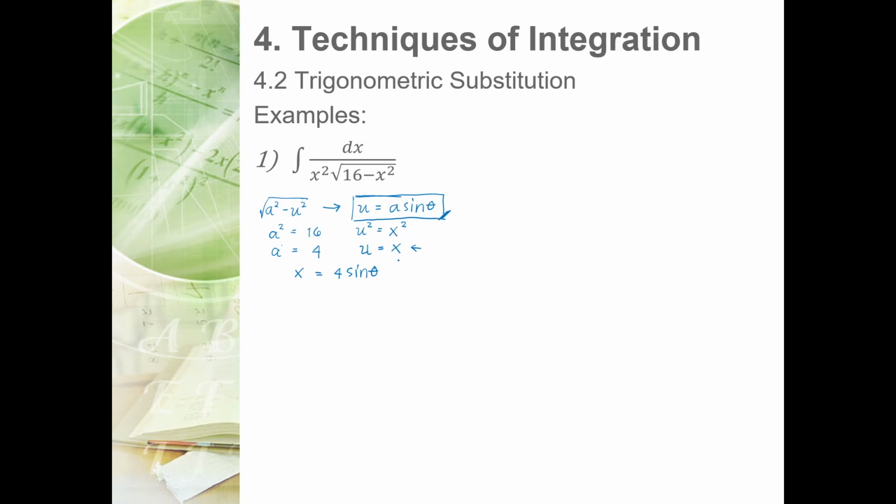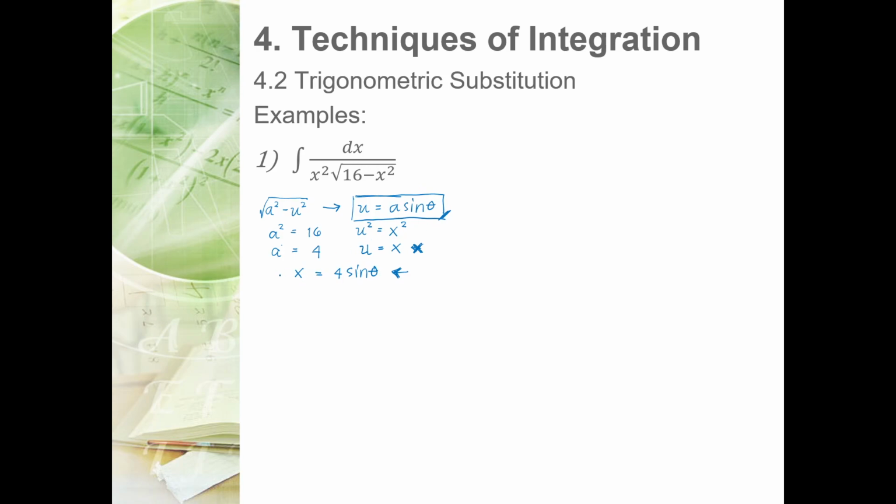But this time we're going to utilize this formula. So we won't be utilizing u anymore. The purpose of identifying your u and your a parameters is just so we can use the formula.